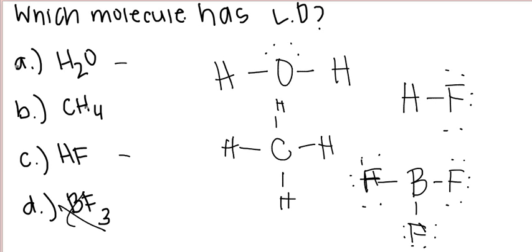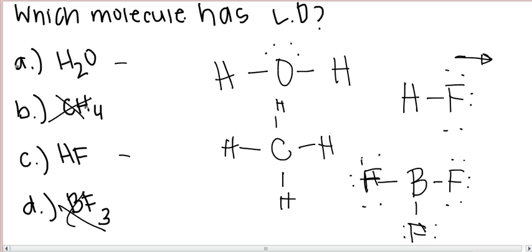So if CH4 and BF3 aren't right, that leaves us with H2O and HF. We know that HF isn't right because F is more electronegative and it pulls, so HF won't be correct, which leaves us with H2O.